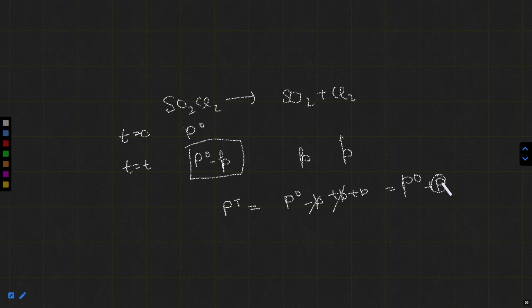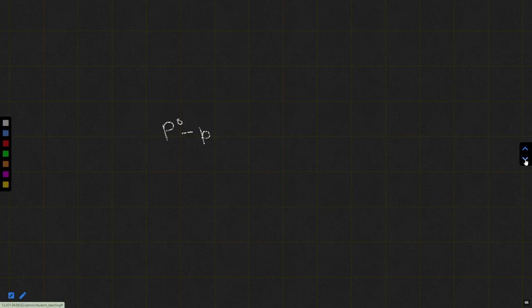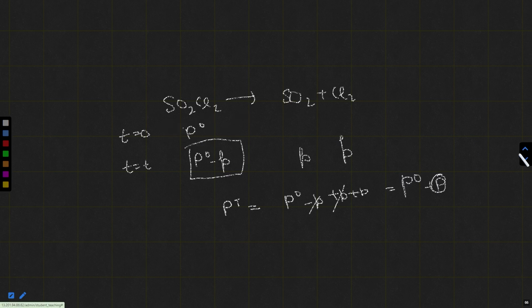That would give you p is equal to PT minus P naught. This PT is the total pressure. So what we have done here is that we have just calculated PT in terms of P naught and p.